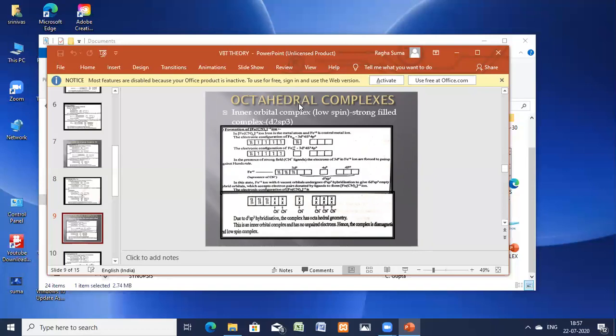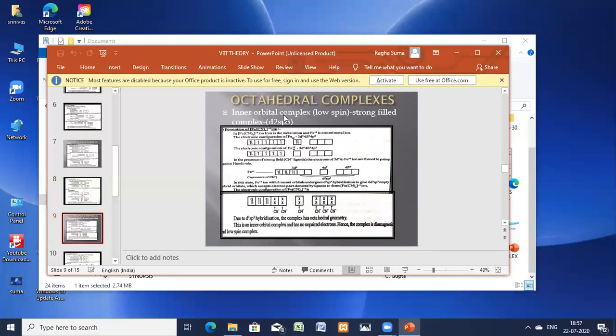In these inner orbital complexes, the electrons of the central metal atom get paired up against Hund's rule in the presence of a strong field ligand, and the inner orbital n-1 is involved in the hybridization.